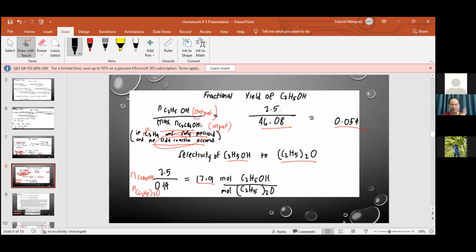The yield is maybe the ethanol that's produced divided by the maximum ethanol produced from the first reaction. 0.5. What is 0.5? And 46.08. How to calculate 46.08? How do you obtain this?